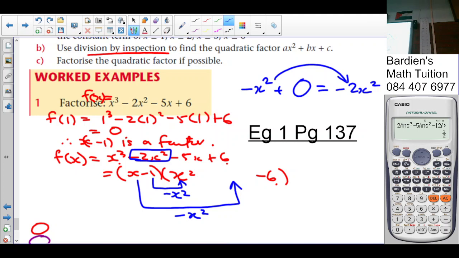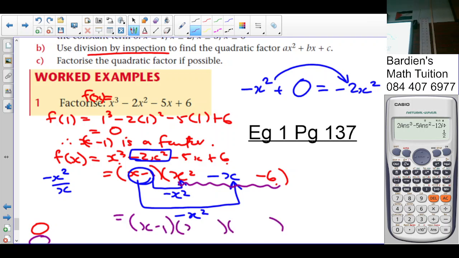You take this negative x squared and divide it by this number here, always. Negative x squared divided by x gives you minus x. Now, of course, this becomes a trinomial, and this trinomial can factorize as well. So it's x minus 1 into x plus 2 into x minus 3.